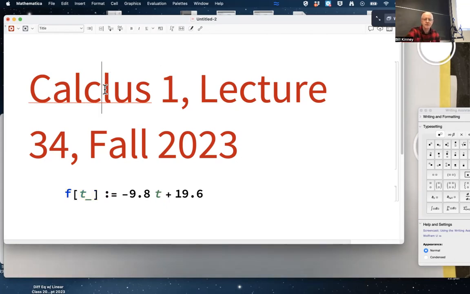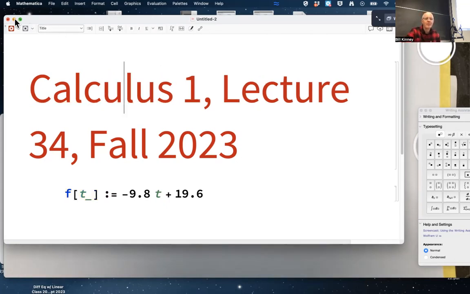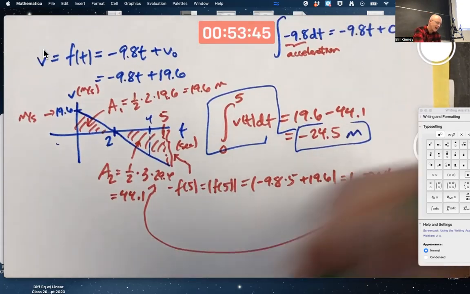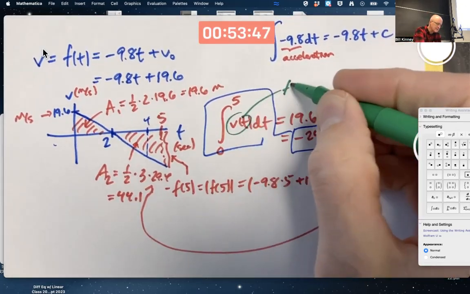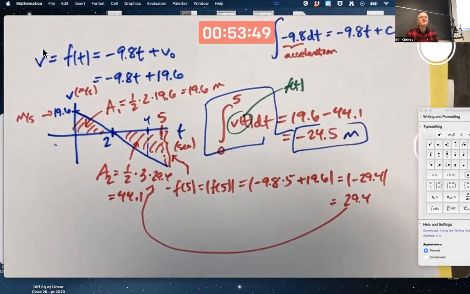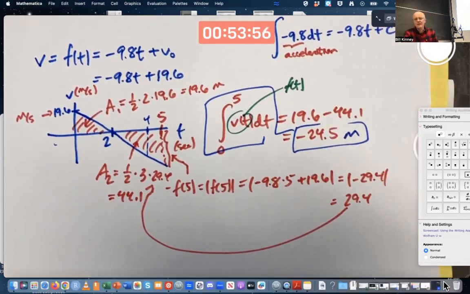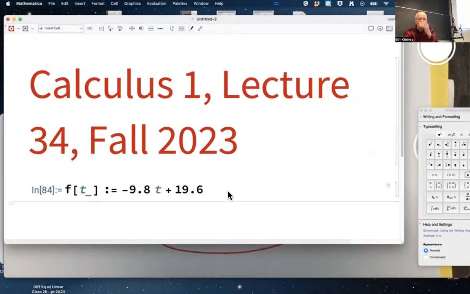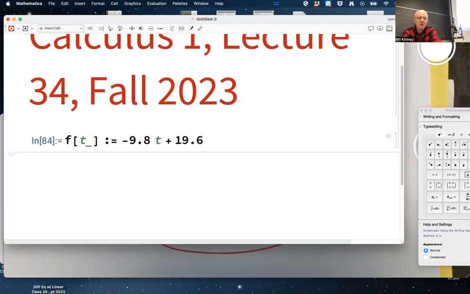Now I also spelled calculus wrong here. I should have used an f of t here. I mean, it's not a real big deal, but I should have done that. So there's my function f of t. Let's program right of n.